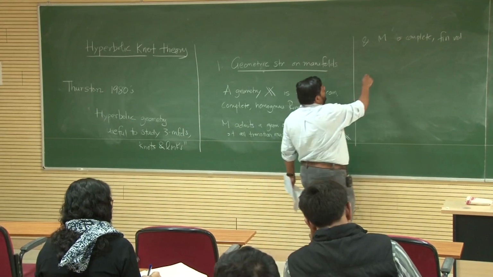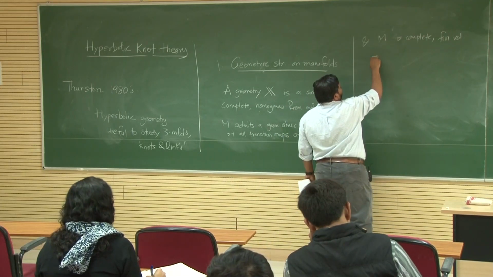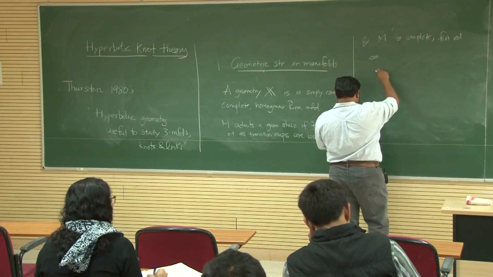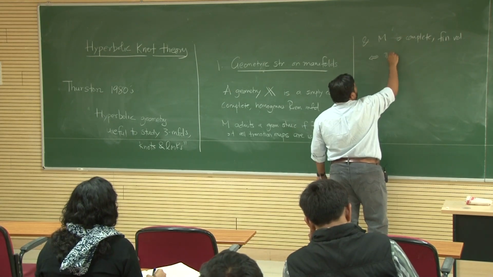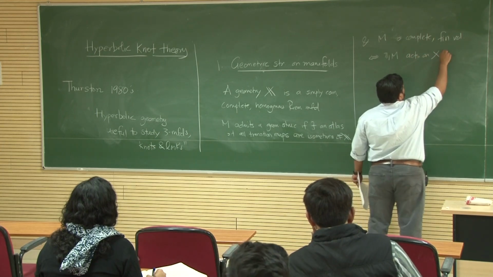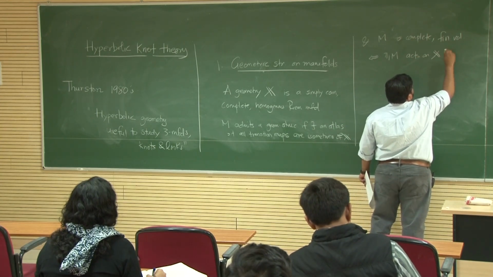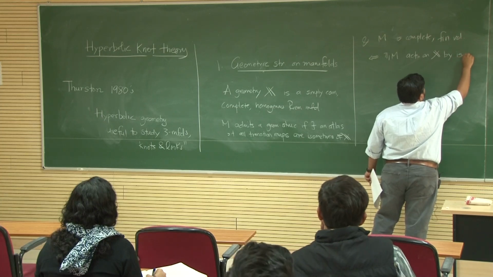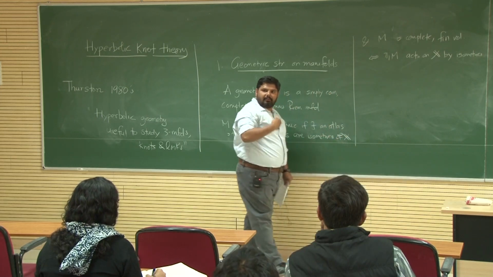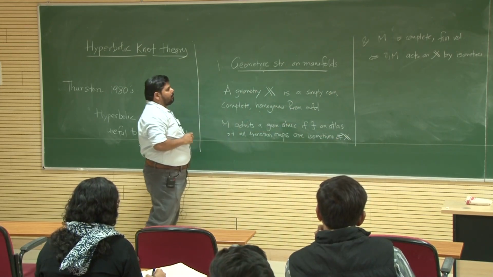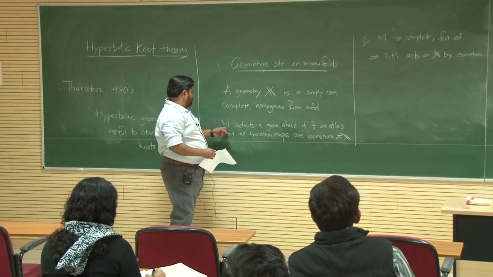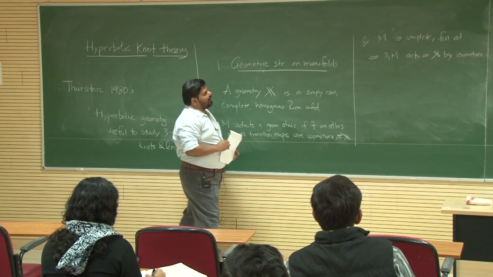This is equivalent to saying that pi 1 of M acts on X by isometries, because X is simply connected. There is a covering space of M, and the covering space action is by isometries.